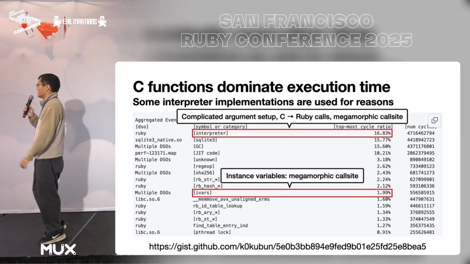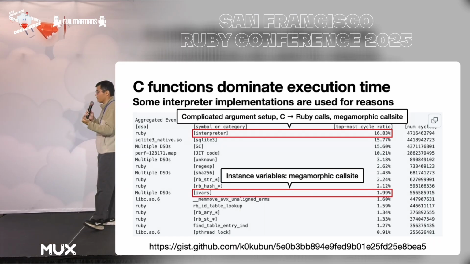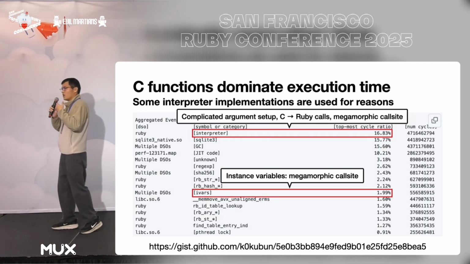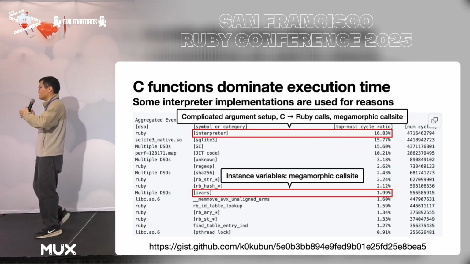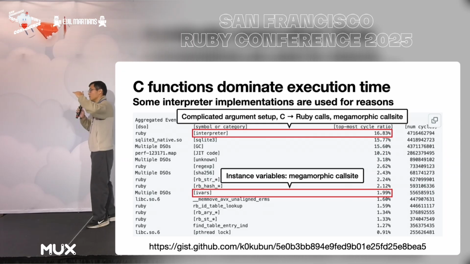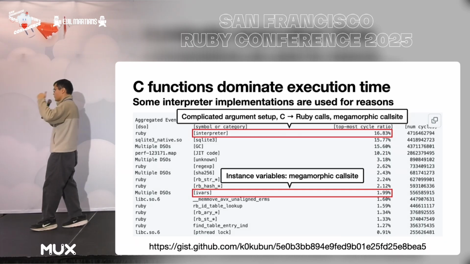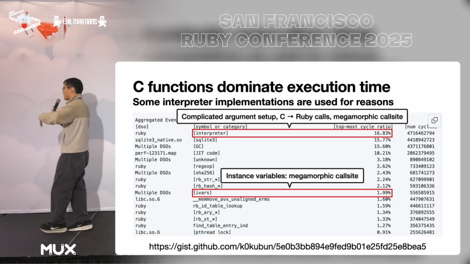So whenever you enter a new Ruby frame from a C frame, you need to set up a lot of things for the interpreter to work, such as the local variable environment, and you also need to save the entire stack in case the Ruby frame raises an exception, and you still need to protect the C function frame to keep it alive.